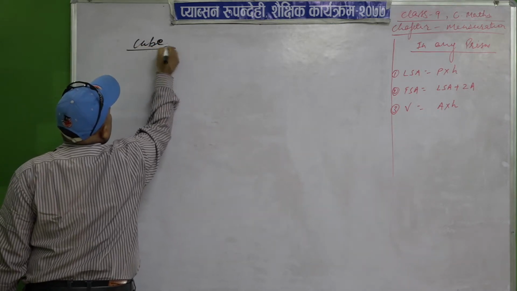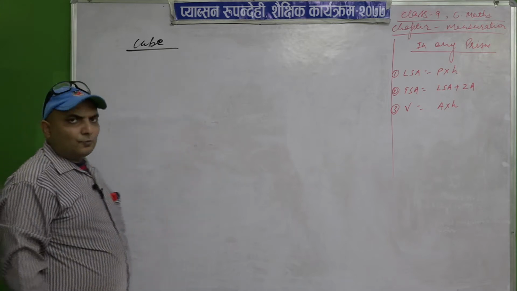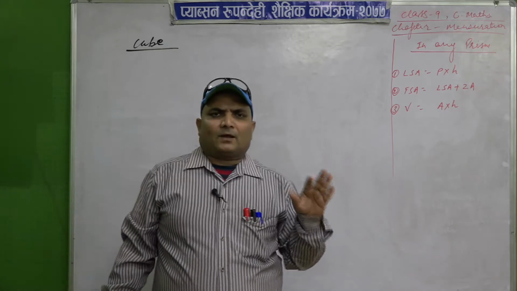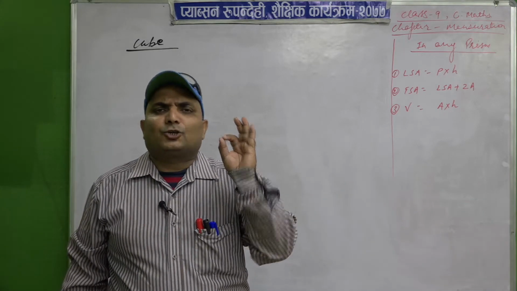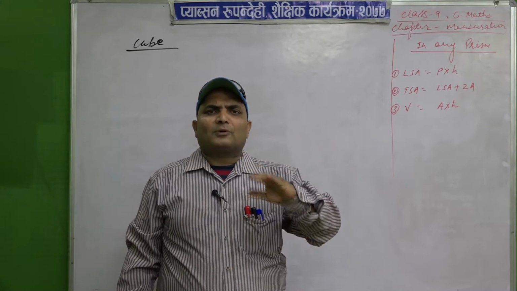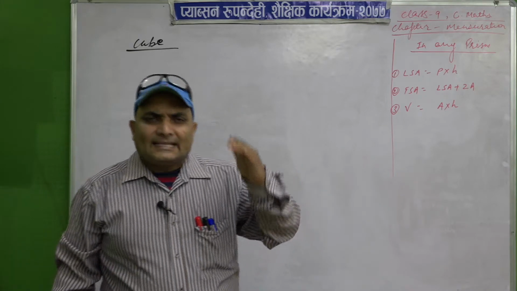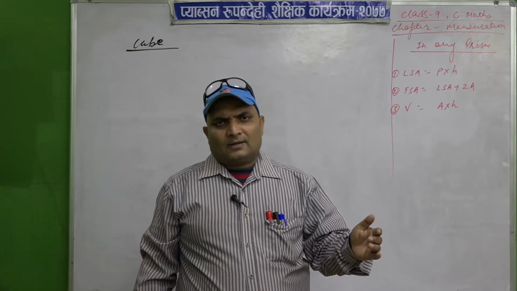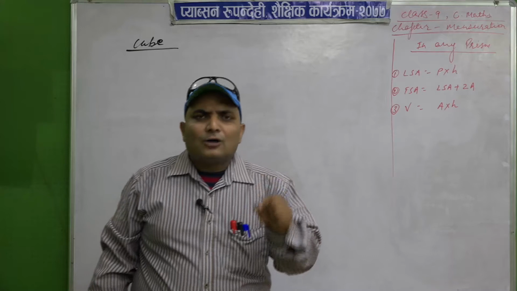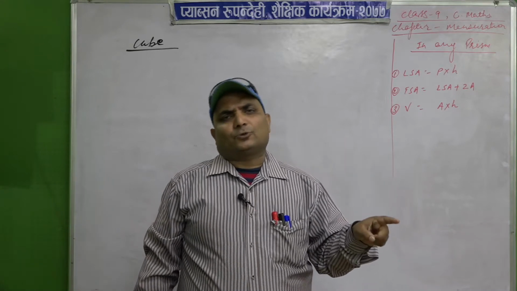This is a cube. First of all, you should know what is the meaning of cube. The very simple meaning is, a cube is a cuboid. It means all properties of a cuboid are properties of a cube. A cube is a cuboid in which all length, breadth and height are equal.